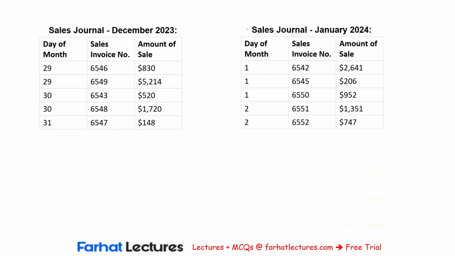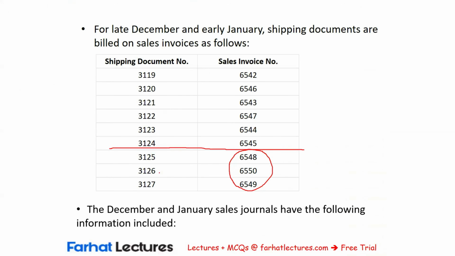Now remember what we said, that 6549 invoice and 6548 should be recorded in 2024 because the shipping documents related to these two invoices were issued in 2024, regardless of whether the shipping terms were FOB shipping point or FOB destination.